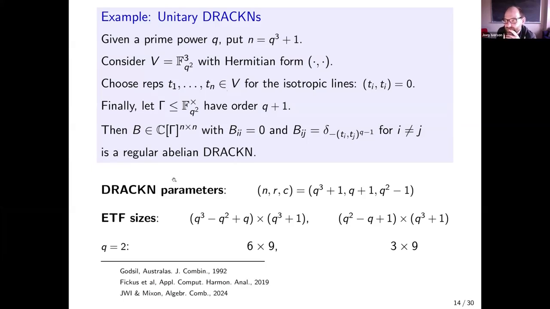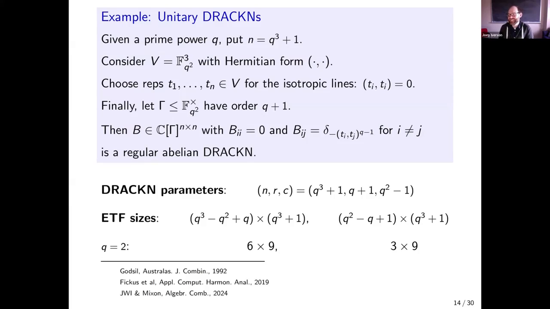Hey, Joey, while we're on the slide, I figure I'd set the record straight. You indicated that Matt and I rediscovered this independently of Godsil, and the truth is we were reading Godsil and trying to understand it. So we created a new way of capturing the same family. It was not independent, but rather highly dependent.